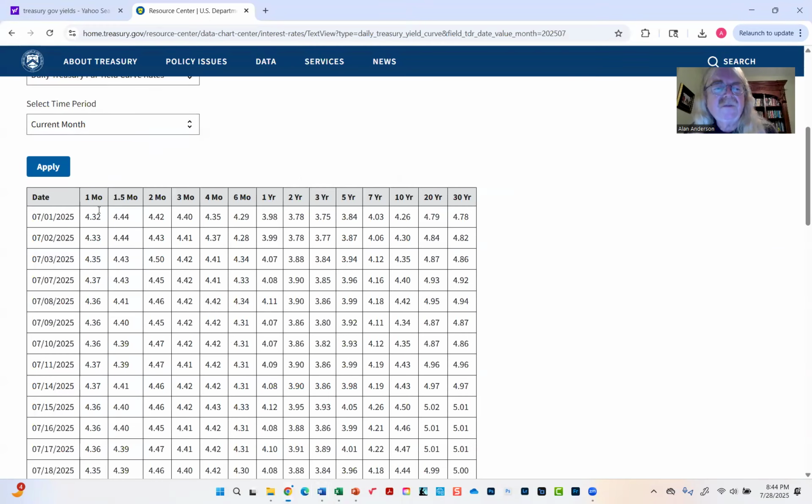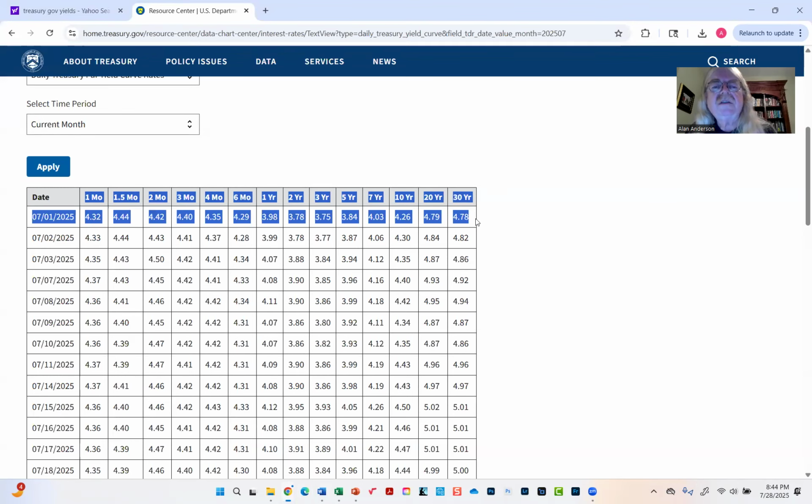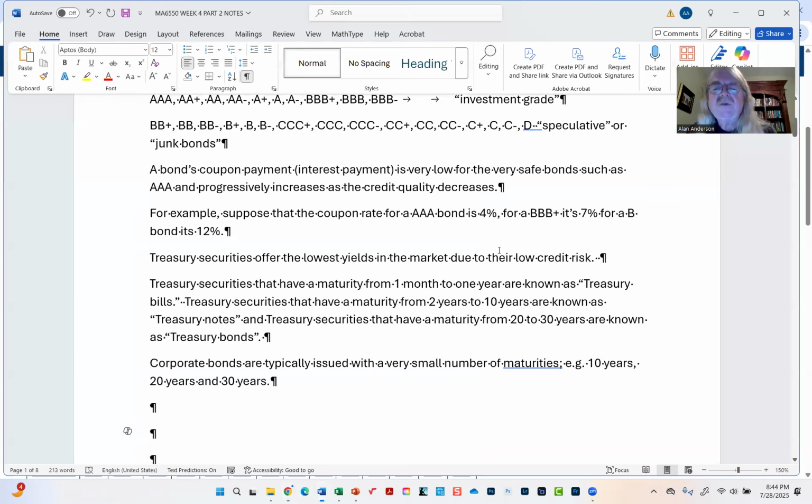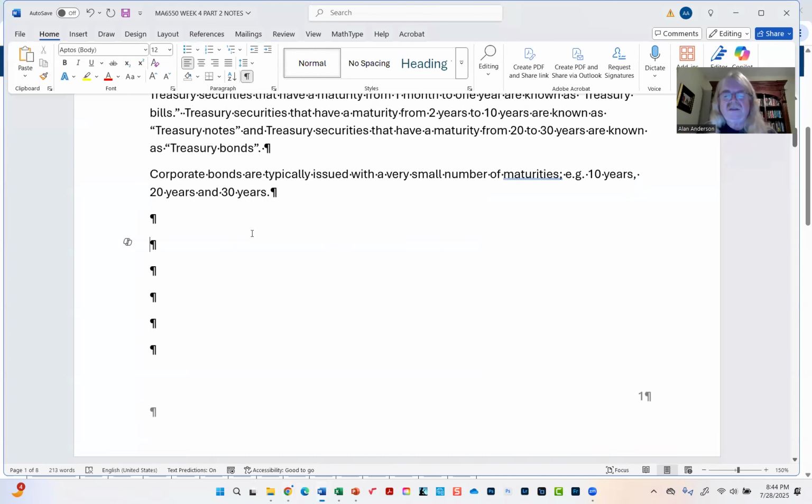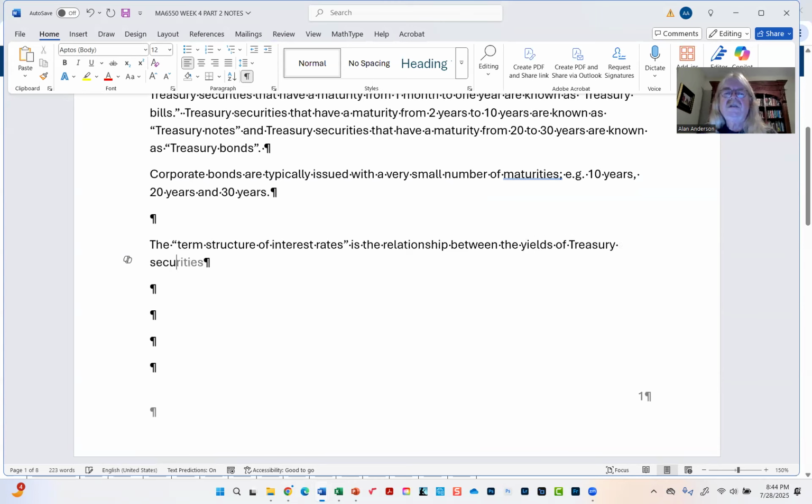But here we have all these different maturities to choose from. Now, these numbers, the relationship between these yields and these maturities, that's what we mean by the term structure of interest rates. It is the relationship between yields on treasury securities and their maturities.